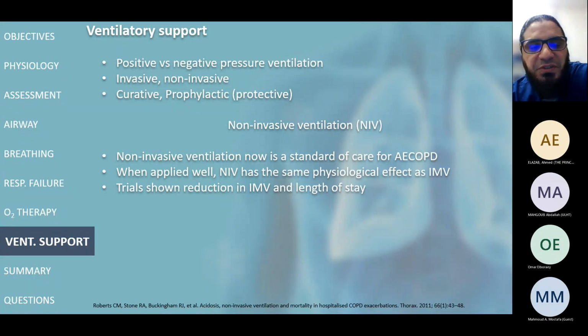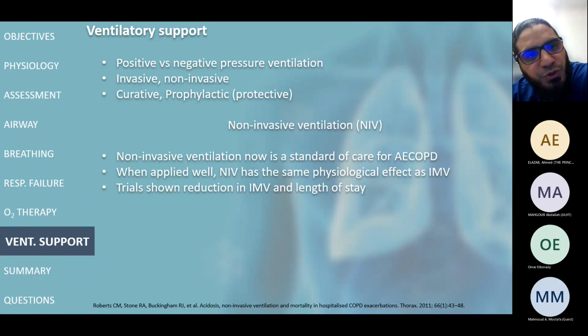When we give the support, we will turn this ventilation into a positive pressure one. So we will give much higher pressure from outside, increasing the pressure inside the lung, trying to open the collapsed parts of it, or pushing the air through the alveolar capillary membrane.